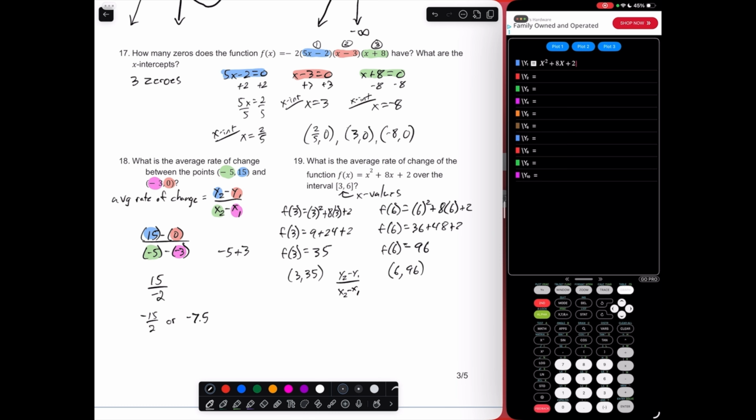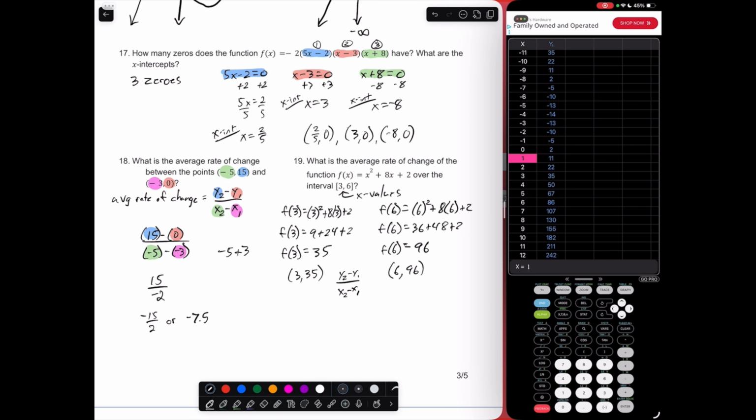We can go to our table and notice we're plugging in 3 and 6. So at 3, it's 35, so we did that math right. And at 6, what did I do? Oh, that should be an 86. I'm trying to do these too quickly. That should be 86. Apologize for that. So (6, 86).